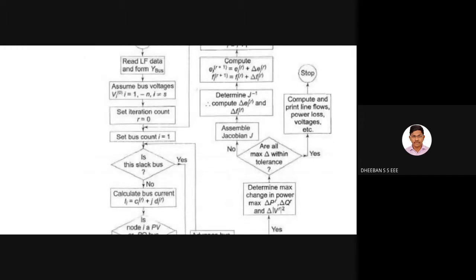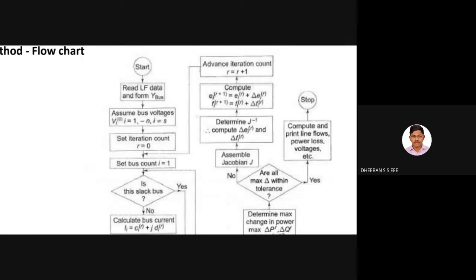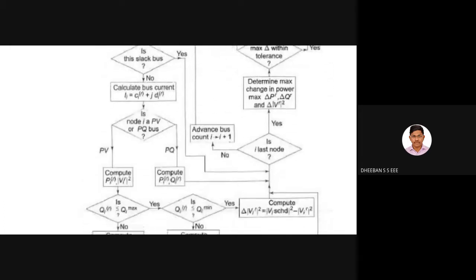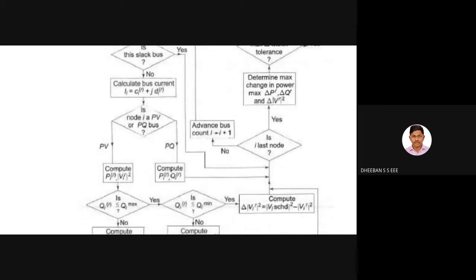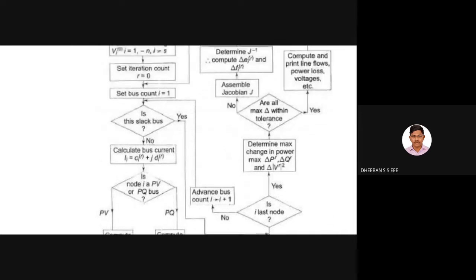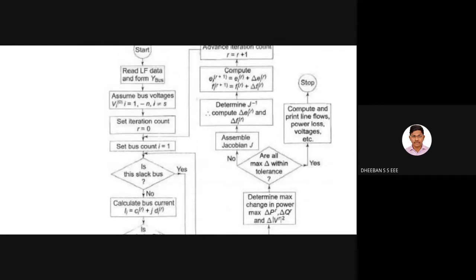Otherwise, if this del P del Q is not satisfied, then only you have to move towards your Jacobian matrix. After coming through many steps, you will be forming your Jacobian matrix. But at the initial stage itself, this convergence is very difficult.